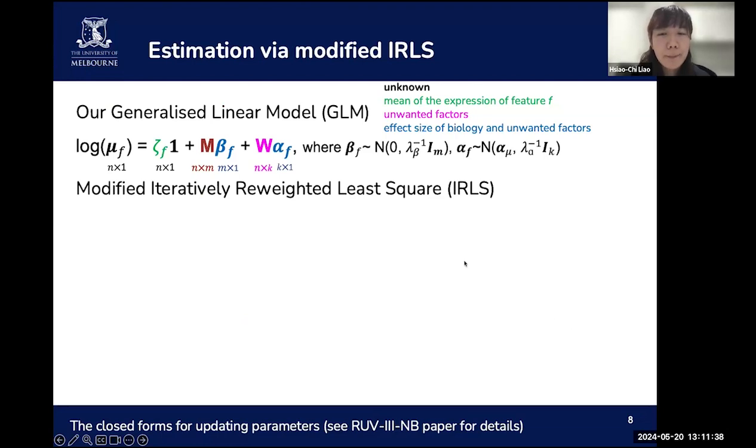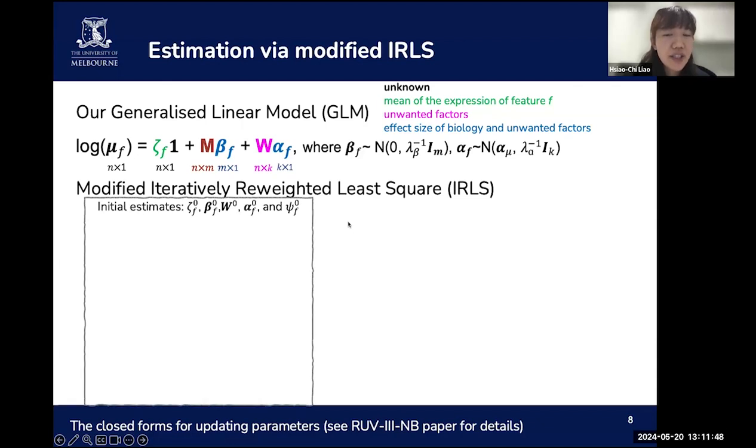So we estimate the parameters in the generalized linear model through the modified iteratively reweighted least square. And the concept is that this algorithm contains a double loop. Firstly, we set up initial estimates for the parameters.